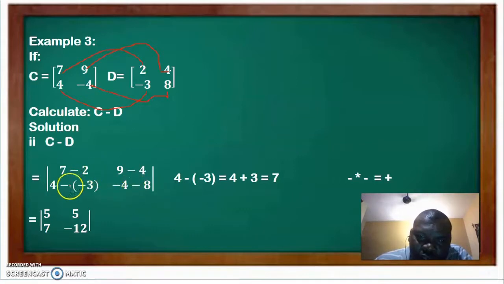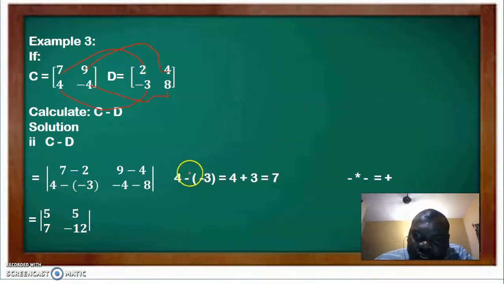So 7 minus 2 is equal to 5, then 9 minus 4 is also 5.